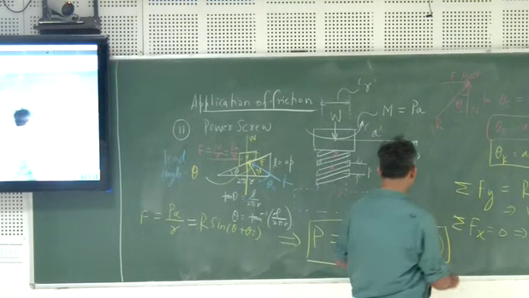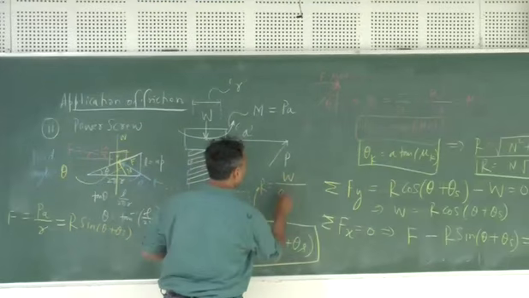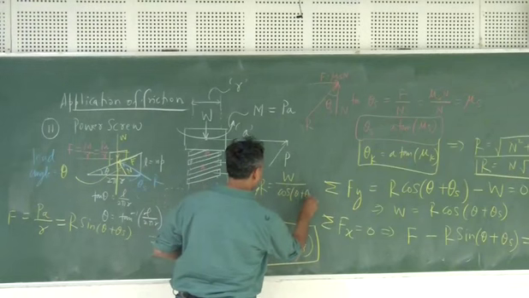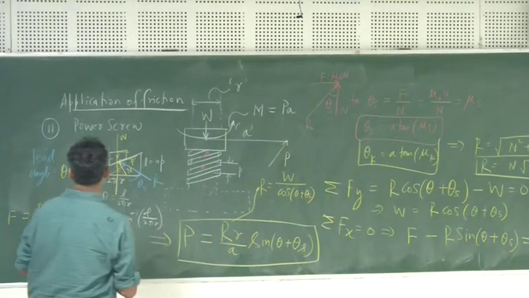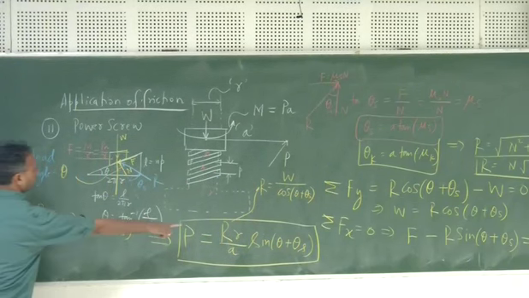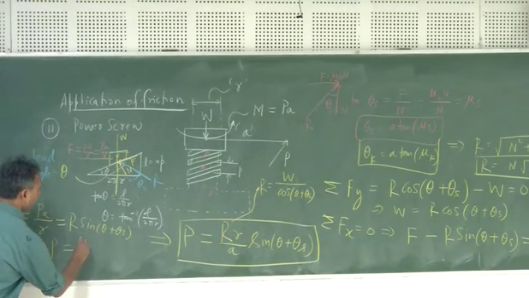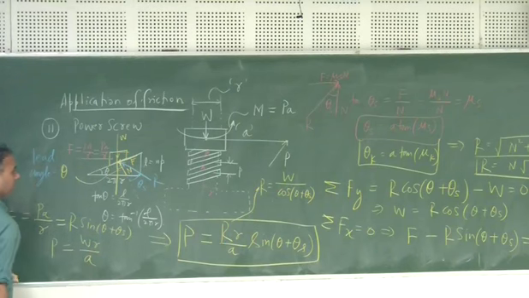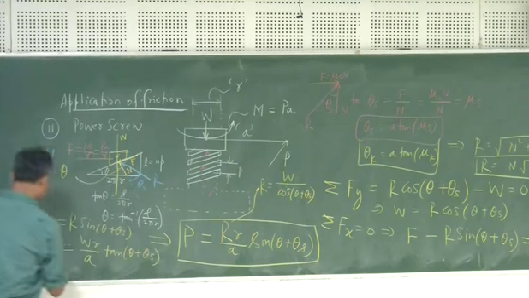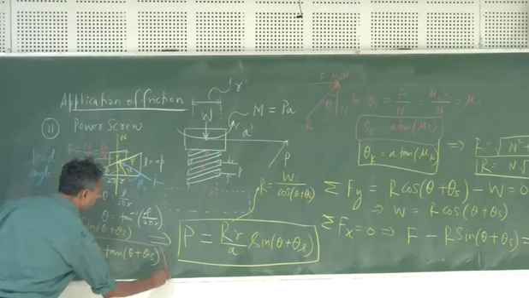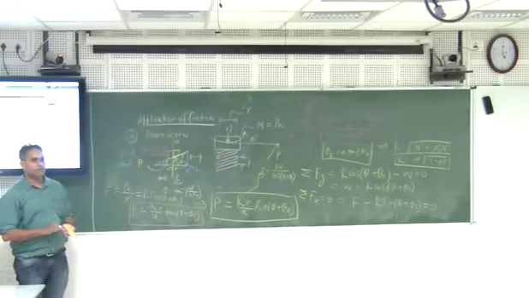And what will be R? R is nothing but W by cos of theta plus theta s. If you substitute this expression over here, substitute R, you will get P equals W r by A tan of theta plus theta s, and this is your solution. Okay, so this is how you solve the friction problem in screws.